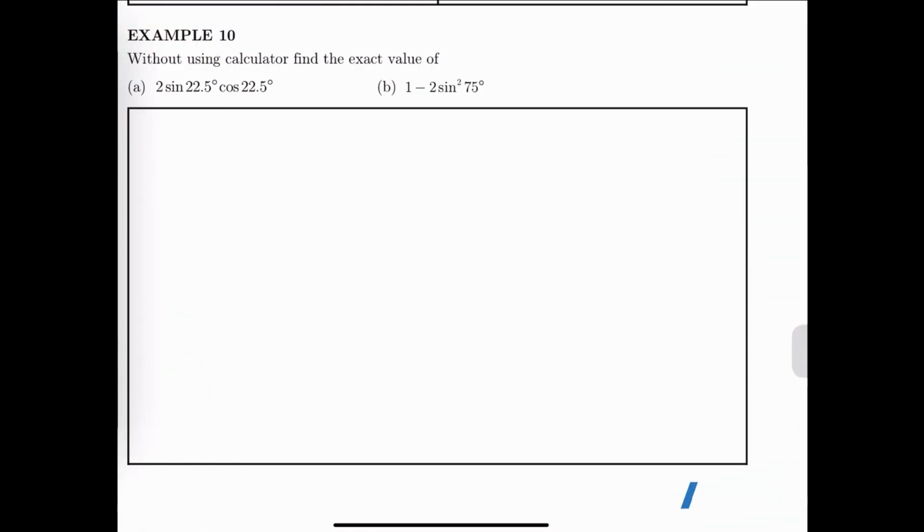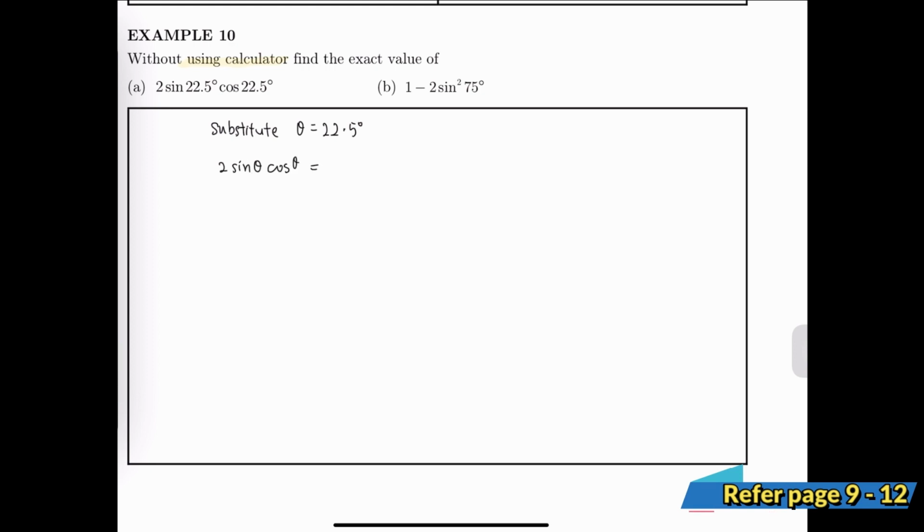Example 10. Without using a calculator, find the exact value of 2 sine 22.5 cos 22.5. First, we're going to substitute 22.5 as our theta. So we have the double angle 2 sine theta cos theta equals sine 2 theta.